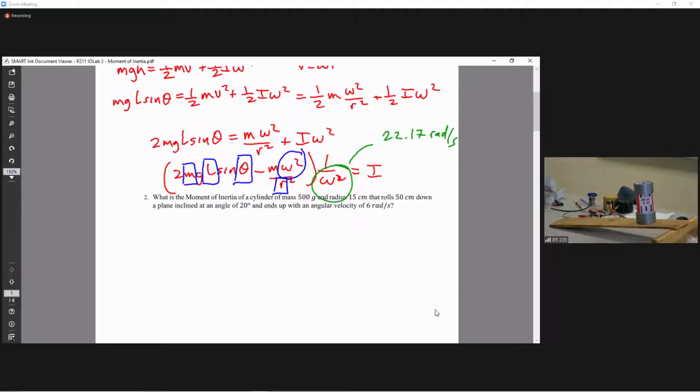And by measuring theta and measuring the mass of the tapes and the mass of the iOLab and the inner and outer radii of the tapes, I can then find the moment of inertia of the contraption. I can subtract the moments of inertia of the two tape rolls. And finally, I will be left with just a moment of inertia of the iOLab itself, which I can compare to what the theory says it should be.